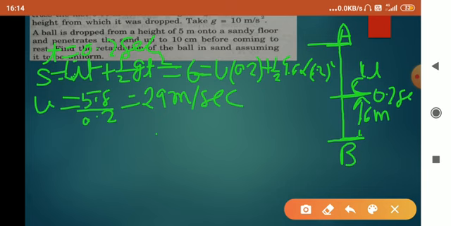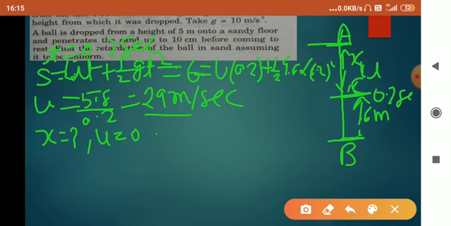Clear? So for distance A to C, consider AC is x. We have to find x. For this, u is 0 and v is 29 meters per second. Apply the third equation of motion, v square equal to u square plus 2gh.